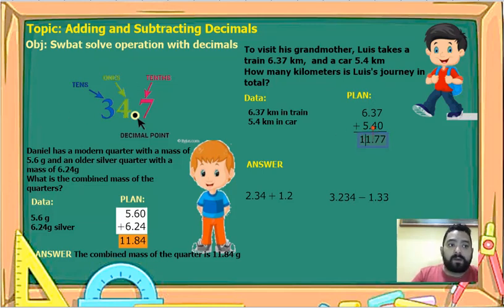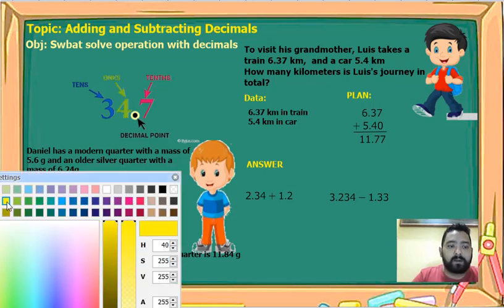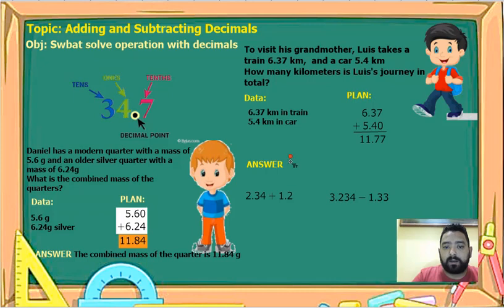So your answer would be, I'm going to write here, remember you have to answer the question. Luis' journey in total is 11.77 kilometers. Okay, so this is going to be your answer.